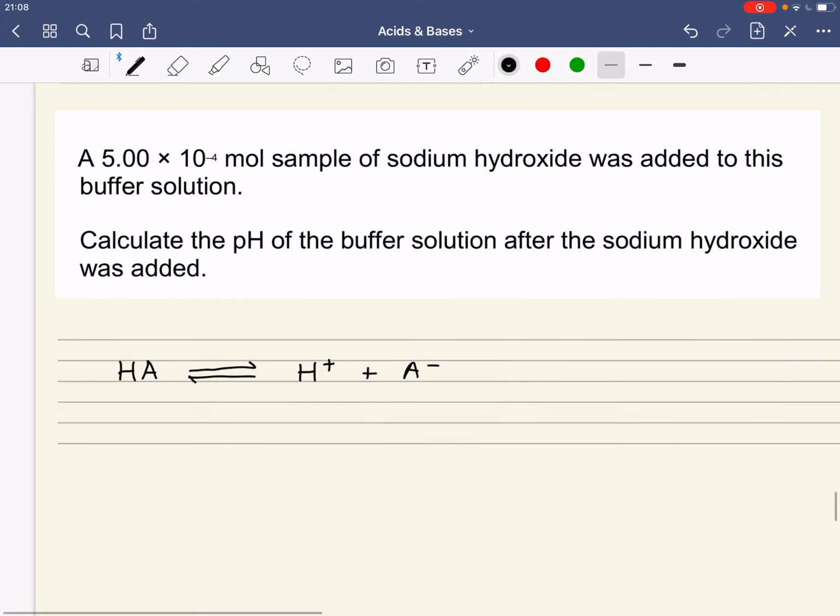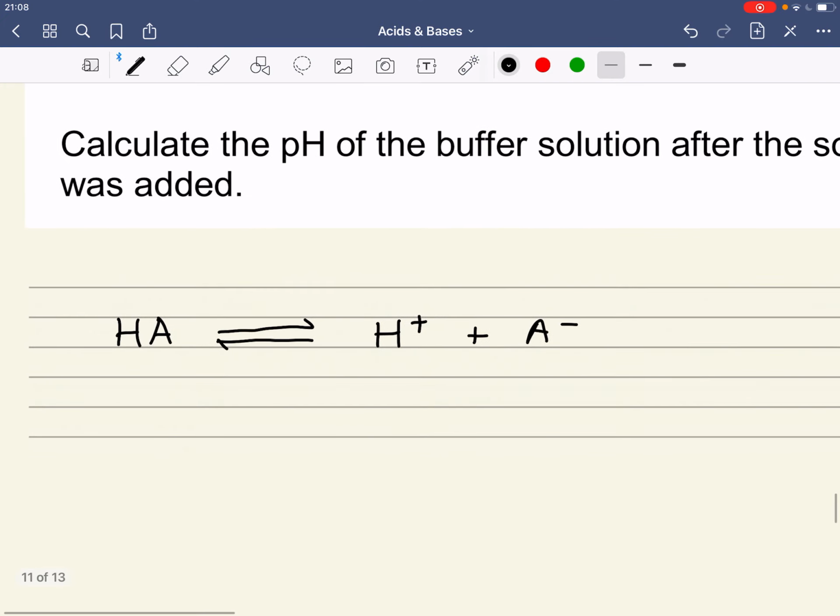And we've added hydroxide ions. If I add hydroxide ions, the equilibrium is going to shift to oppose the change. The hydroxide ions will react with the hydrogen ions, causing the hydrogen ion concentration to go down. So the equilibrium will shift to oppose that and shift to the right.